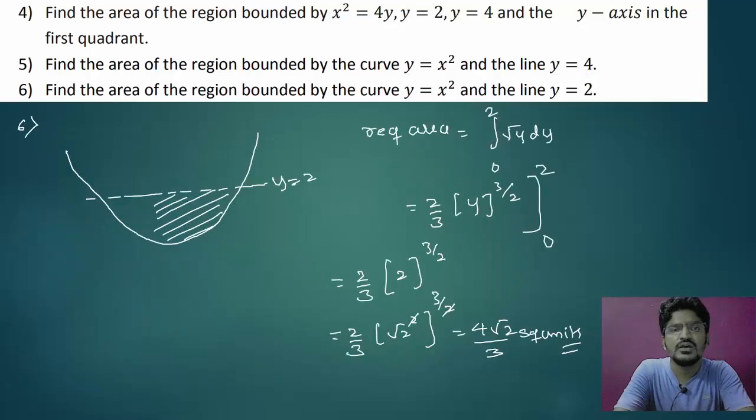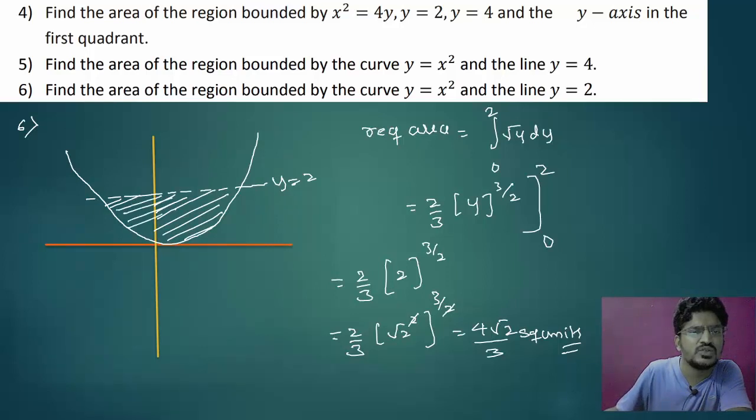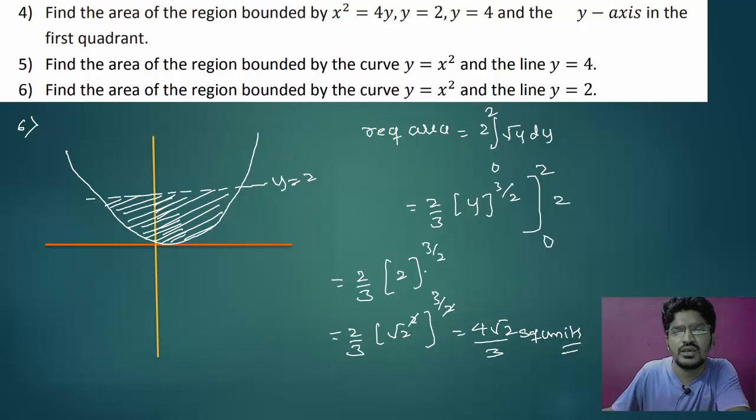Here also it is the same. They have given y equal to 2, so you correct it: you have to take 2 times everywhere, multiplied with 2.